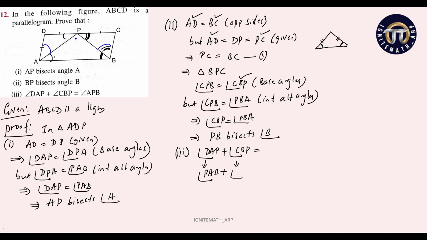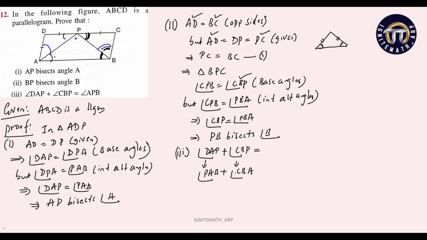So PAB is the same as DAP, since we know that AP bisects angle A. CBP is the same as CBA. Clear? Right. So now pay attention, children. This is equal to APB, we are supposed to prove.